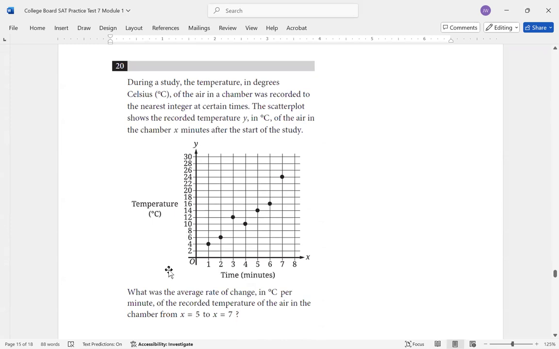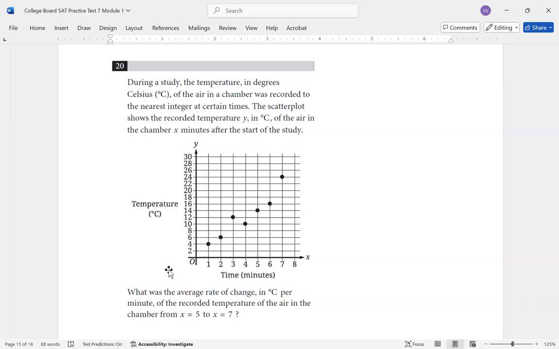Question 20. During a study, the temperature in degrees Celsius of the air in a chamber was recorded to the nearest integer at certain times. The scatter plot shows the recorded temperature Y in degrees Celsius of the air in the chamber X minutes after the start of the study.